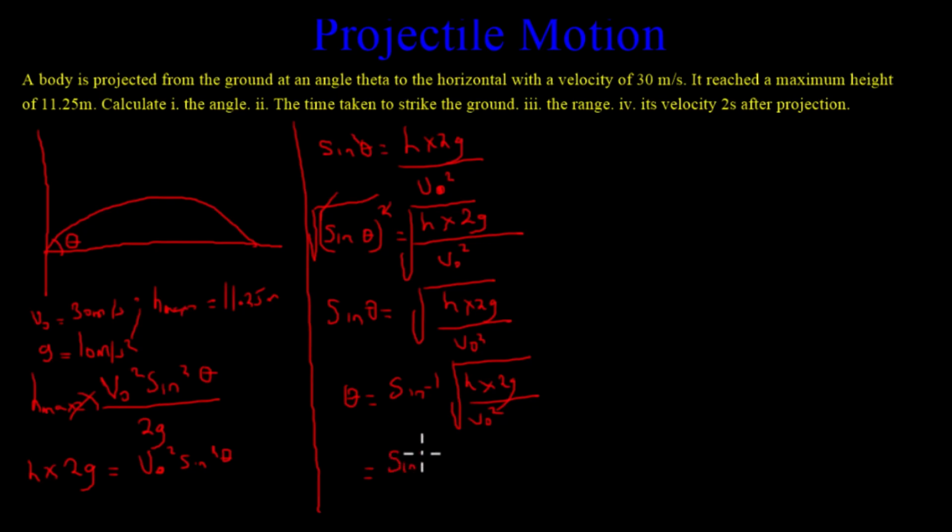So we can start putting in our values. Sine inverse of H is given as 11.25, 11.25 times 2 times 10 divided by 30 squared. So we can put everything inside of our calculator.